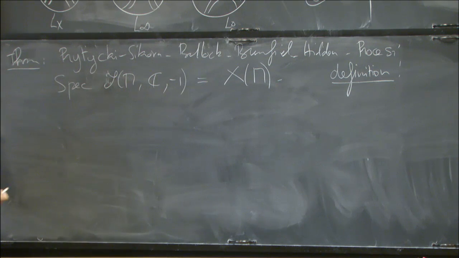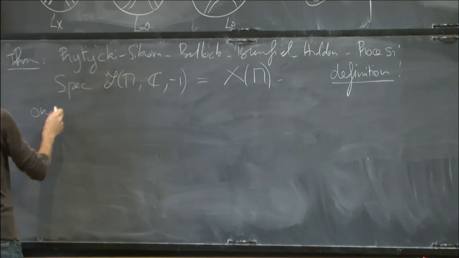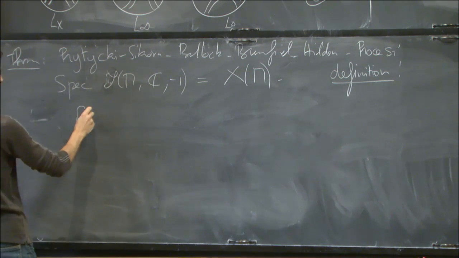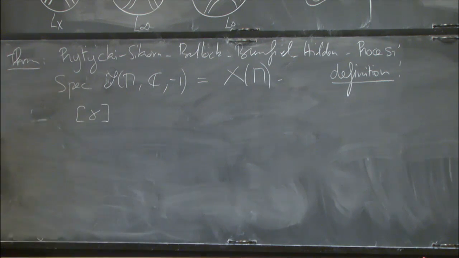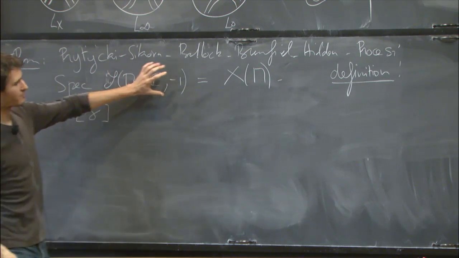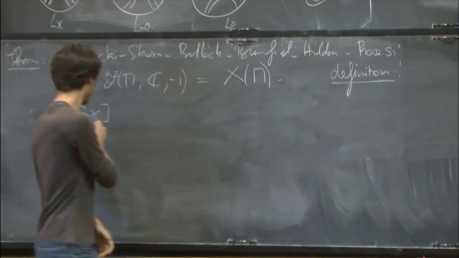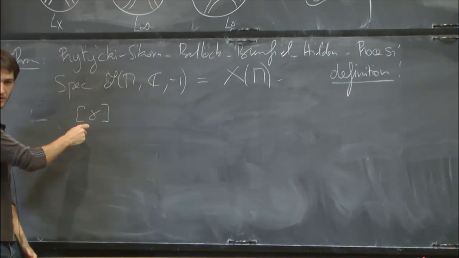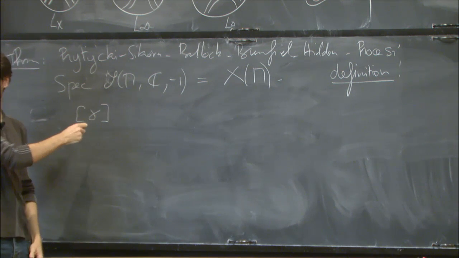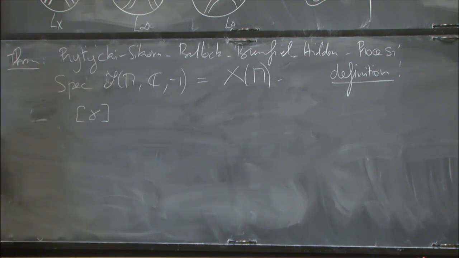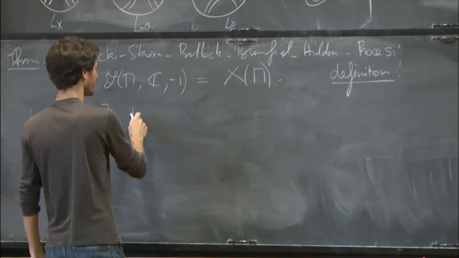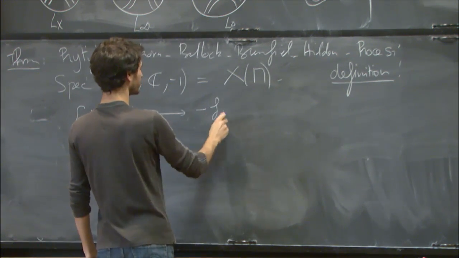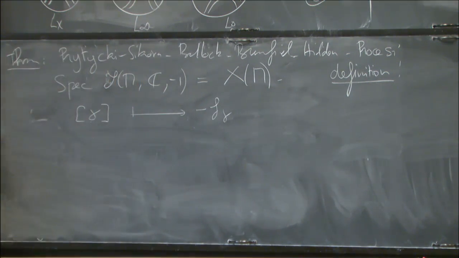And let me make just one comment that it's not crazy. To make this precise, I have to say what function I associate to a curve gamma. And what I will associate is a trace function, but with a sign: minus the trace function of gamma.